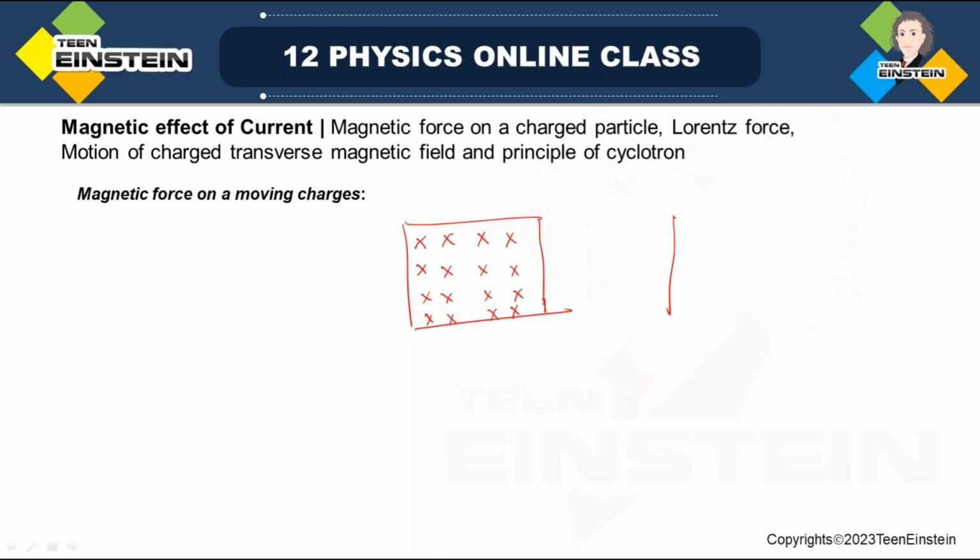Similarly, I can draw another type of uniform magnetic field where I just give some dots. That means the magnetic field is coming out of the screen. And if these are equispaced, then it represents the uniform magnetic field. So this is the fundamental idea which we should have while studying magnetic fields.